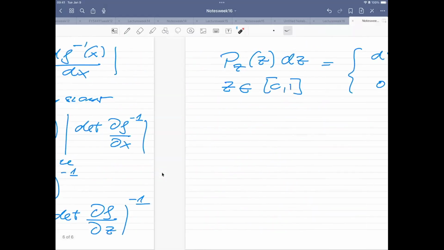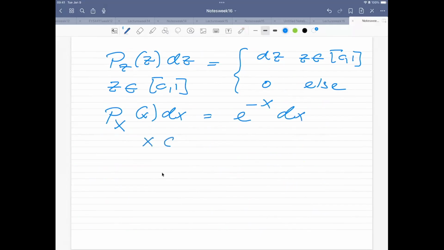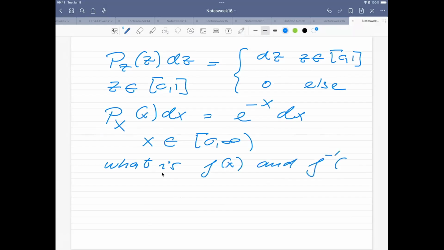Let's look at an example. Suppose that this p of x, d of x, is the exponential distribution. In that specific case, x lives between 0 and infinity. So the question is, what is f of x and f of minus z?